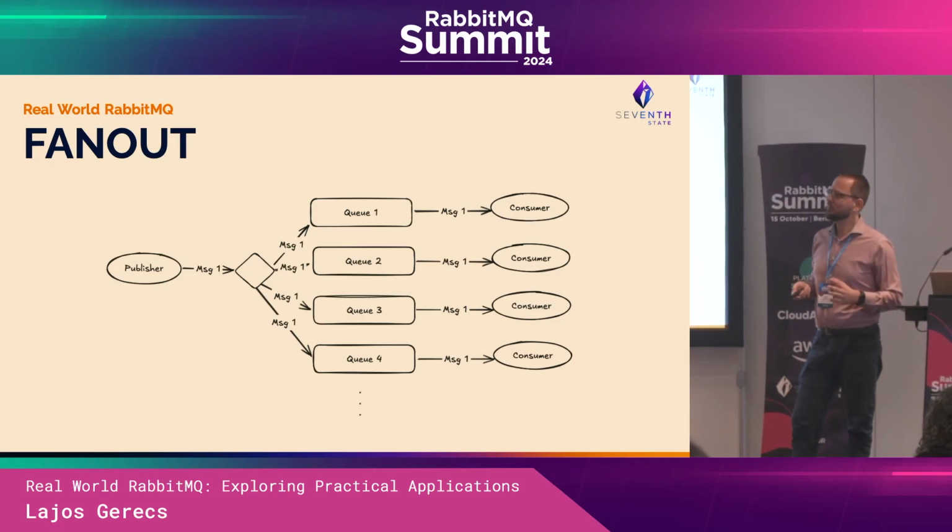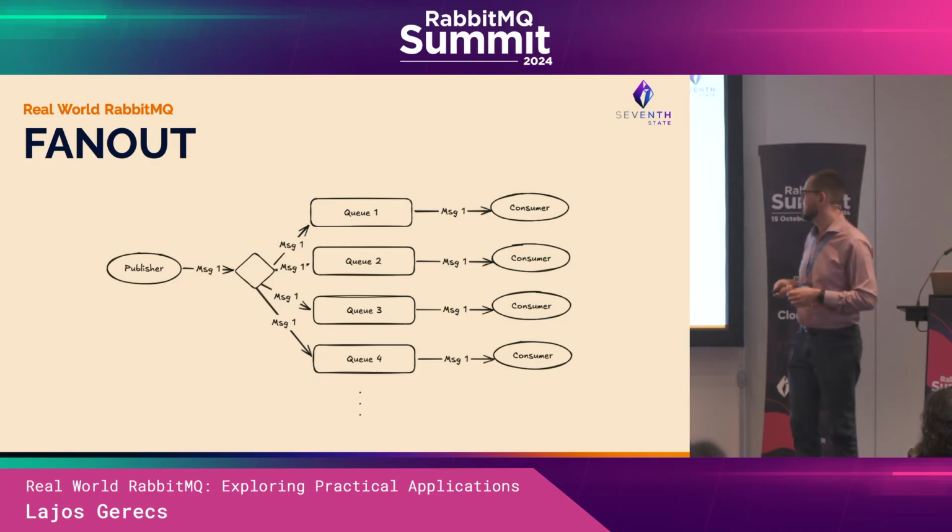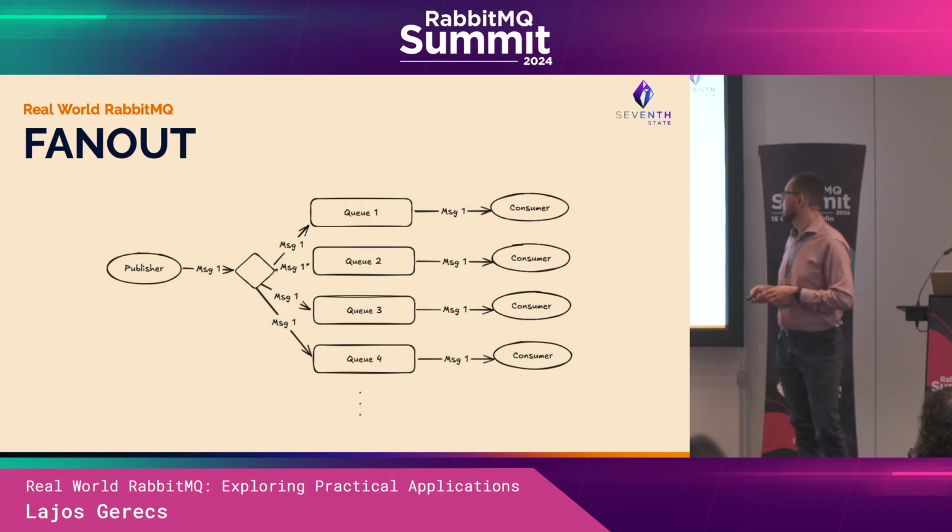This is not a strong point of RabbitMQ queues, and many stability issues are caused by this kind of scenario. Obviously not when I have 4 queues, but when I have, let's say, 1,000 or even 10,000 queues, and I publish a single message and it goes into all 10,000. That's a very heavy, very resource-intensive operation for RabbitMQ.